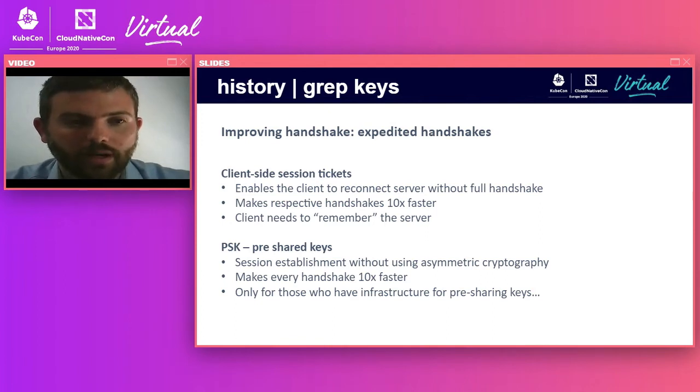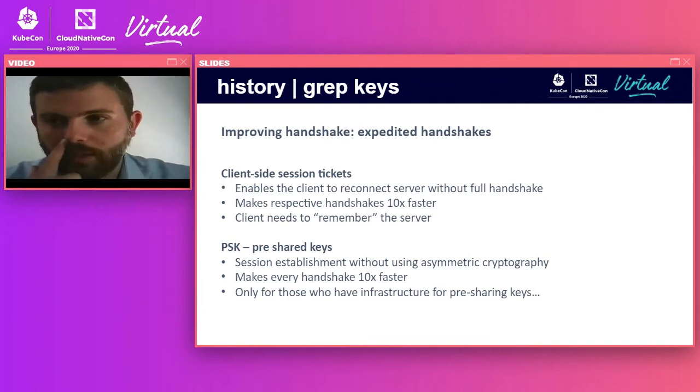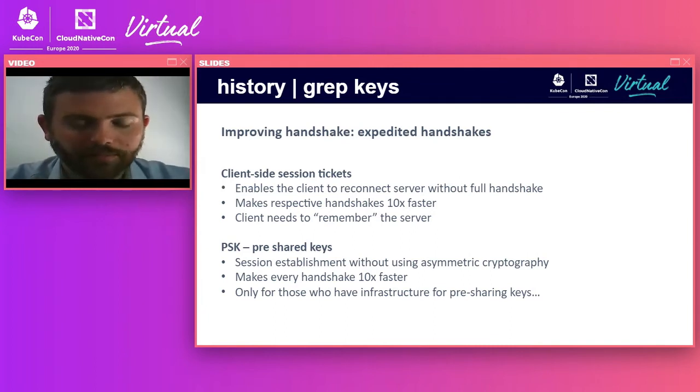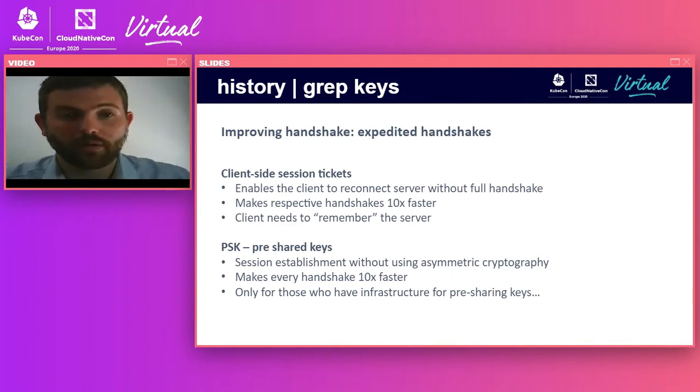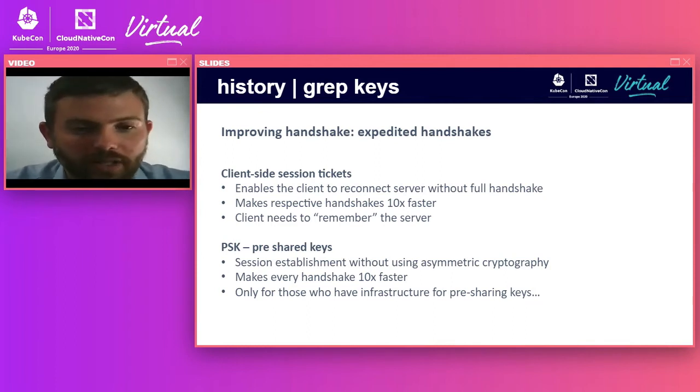It obviously requires the client to remember these tickets and associate them with the servers. But on the other hand, after the full first handshake, you don't really need to add more to your current transactions, and it's very, very fast. The same with pre-shared keys. Pre-shared keys is a protocol where you can use TLS with symmetric keys pre-shared among the parties.